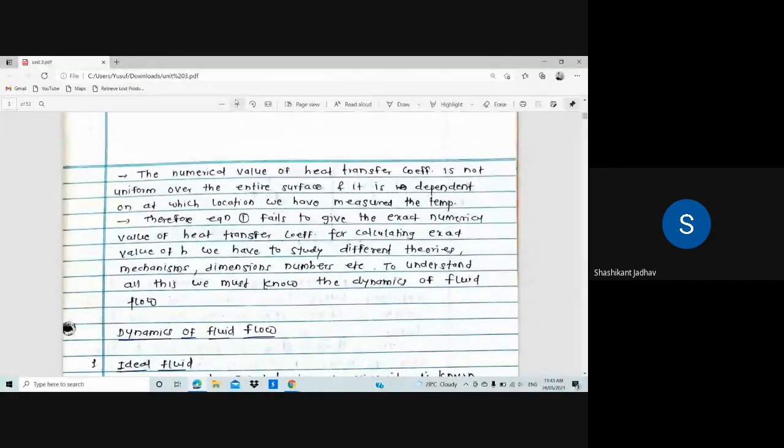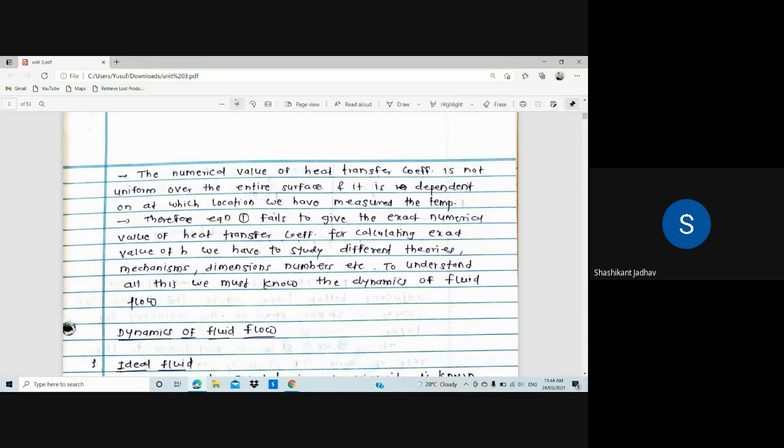Therefore equation 1 fails to give the exact numerical value of heat transfer coefficient.